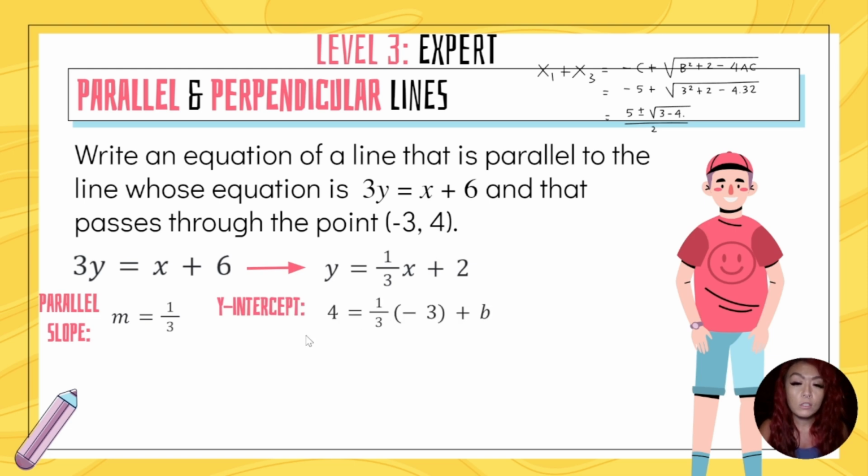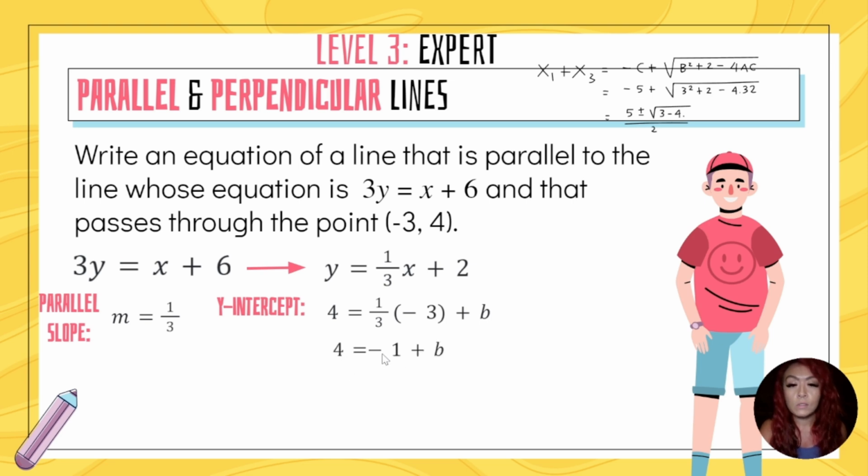So what we're going to do is substitute 4 for y and -3 for x and solve for the y-intercept of this parallel line, right? We're given the point -3, 4. We're going to substitute those values in, and solve for the y-intercept in order to get our equation.